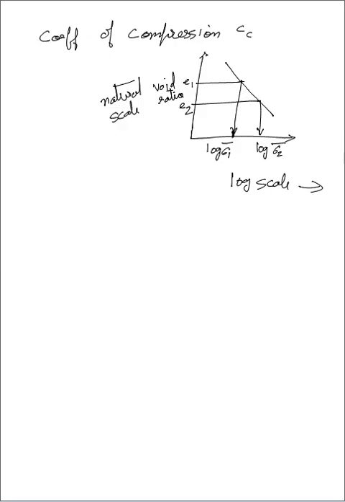So what is Cc? Cc is basically the slope. We know slope is dy by dx, or y2 minus y1 upon x2 minus x1.